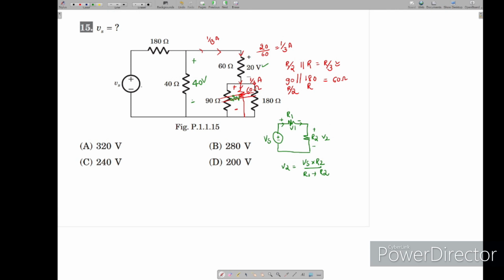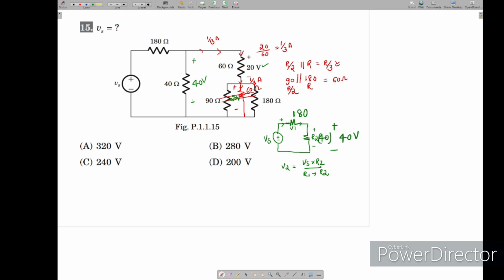Now same concept. We have Vs here, R1 is given as 180, R2 is equal to 40 ohms, and this voltage given is 40 volts.